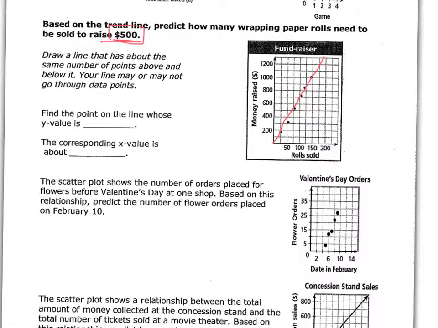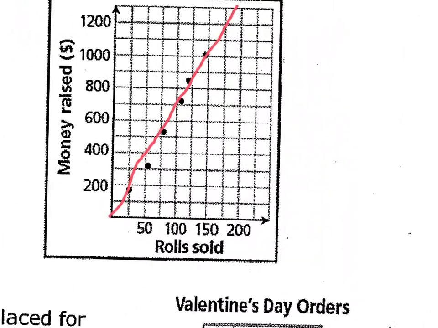So if we zoom in on this, and we go to $500 right here, and we go ahead and go over, we see that if you go down, to make $500, you have to sell approximately 75 rolls of paper.